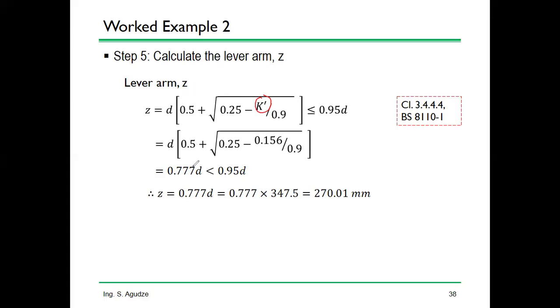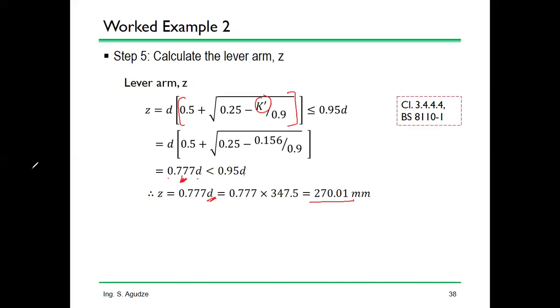So try to evaluate what is in this bracket first, and evaluating that, you get 0.779 D. Then that's obviously less than 0.95 D. So we adopt our value and then substitute the D and do the calculation. Get 270.01 millimeters as the lever arm. Okay, so that is step 5.